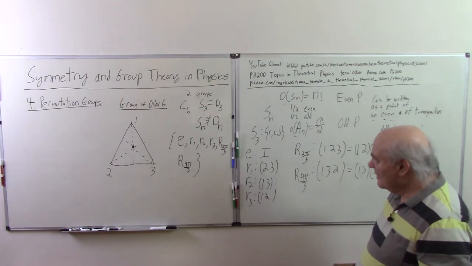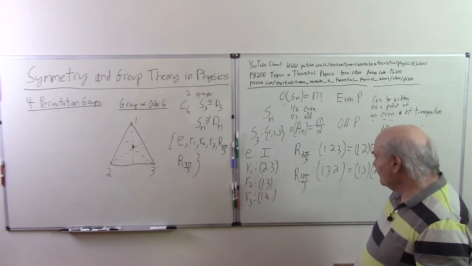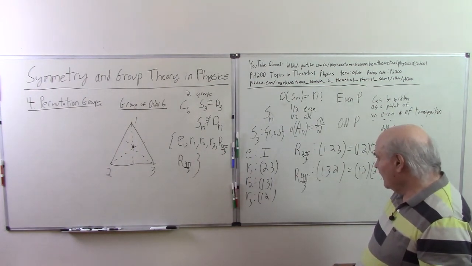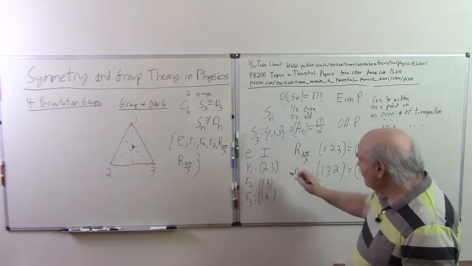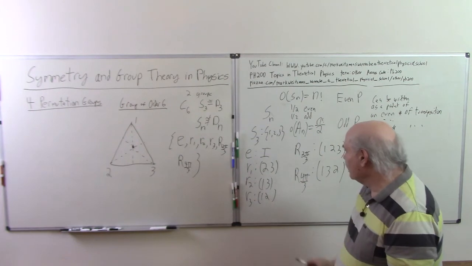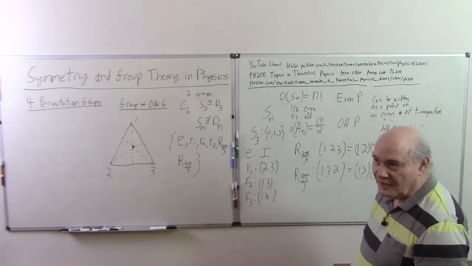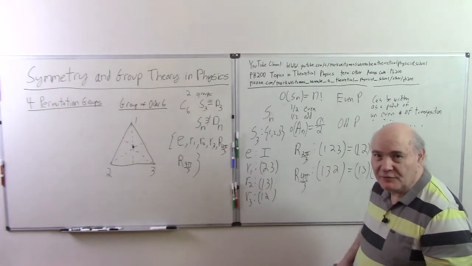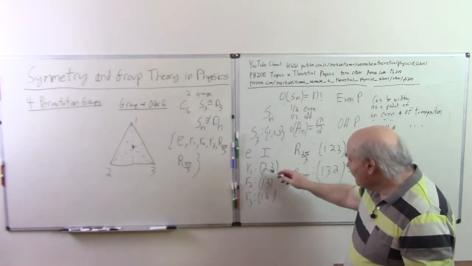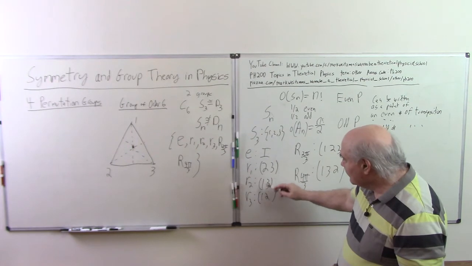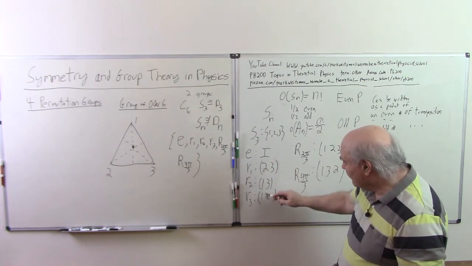Now, I want to add a little more terminology. It will turn out that how you write a permutation in terms of cycles determines what we call the class of that permutation. I'll define classes later, but all of these 3 permutations here are in a sense similar. They're in the same class.